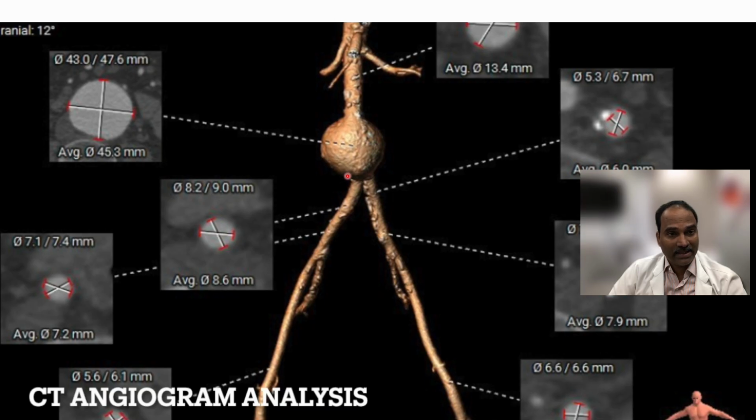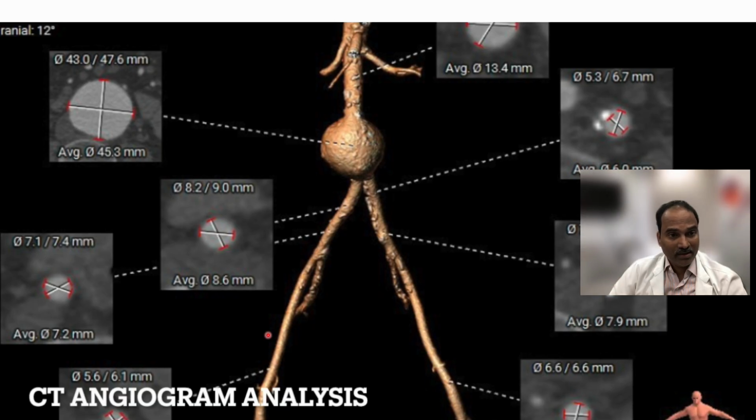Next is diameters of iliofemorals. The right iliac artery was around 8.6 millimeters, and the smallest size was in the external iliac artery on the right side, which was around 6 millimeters, and on the left side it was 6.6 millimeters, and the iliac on the left was almost 7.9 millimeters.